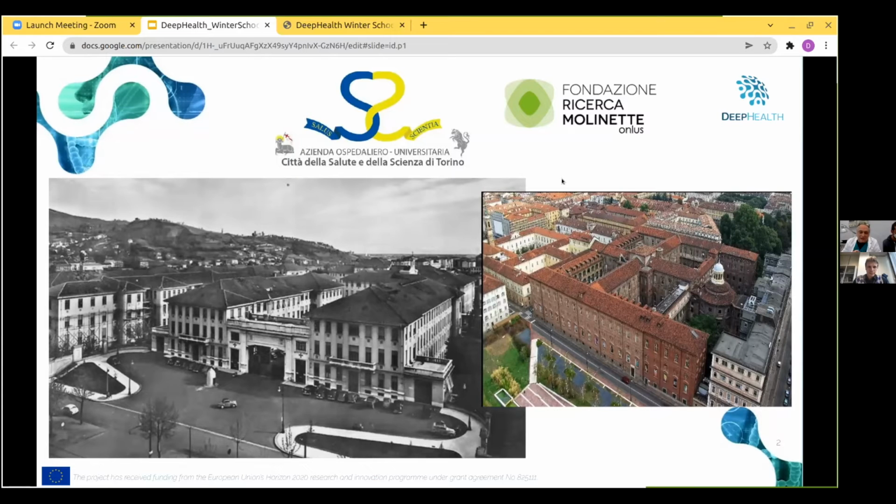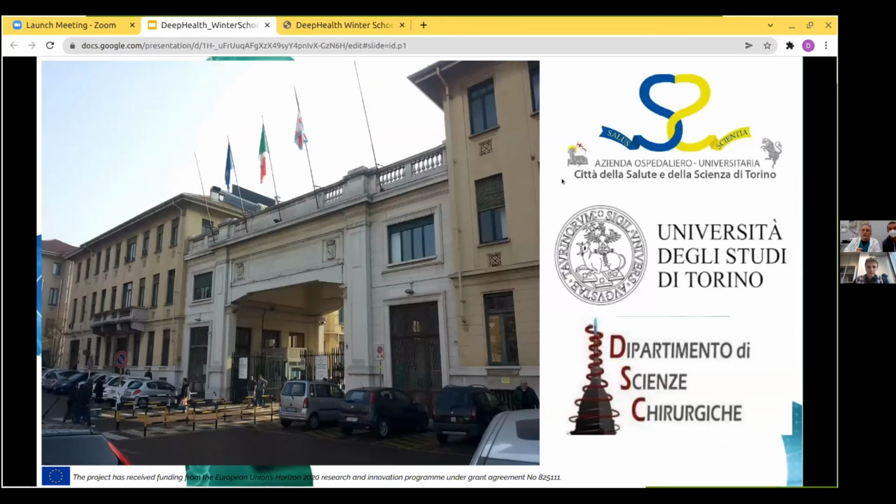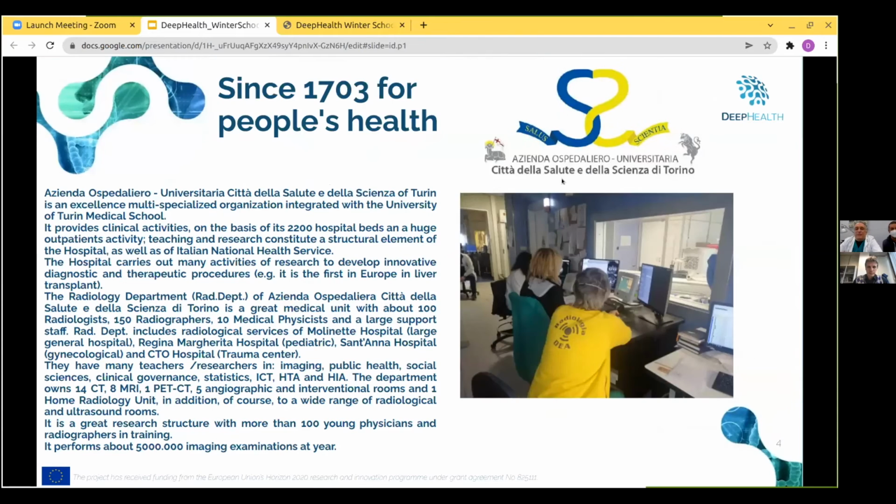In Molinette, my hospital, it was rebuilt in 1935 on the site that we still occupy today. The radiology department of my hospital is a great medical unit with about 100 radiologists and 114 radiographers.